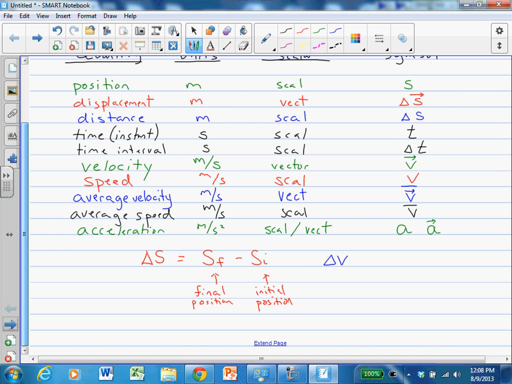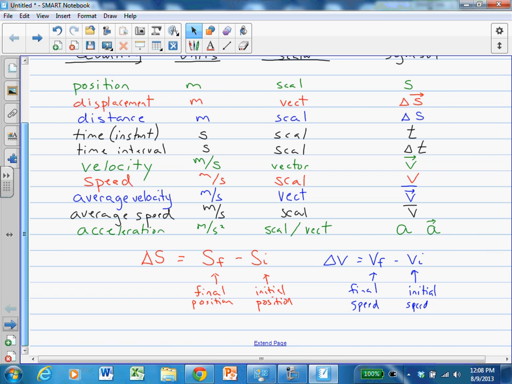Same for change in speed, vf minus vi, final speed minus the initial speed. So we have to know what we're talking about. Now in one direction, the vector versions are really just plus and minus.